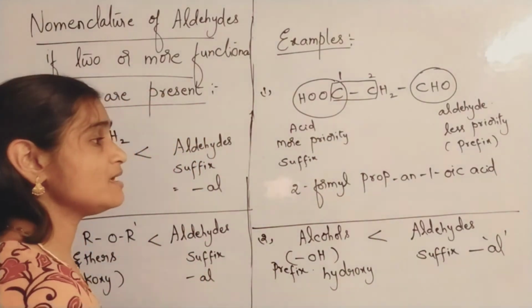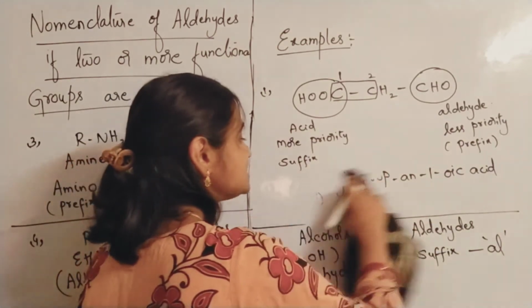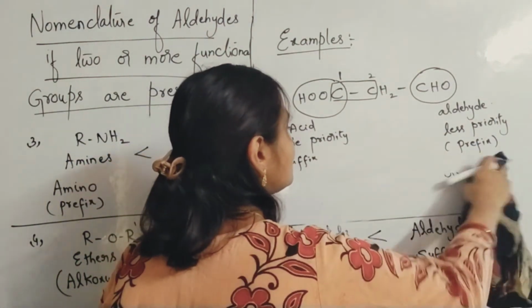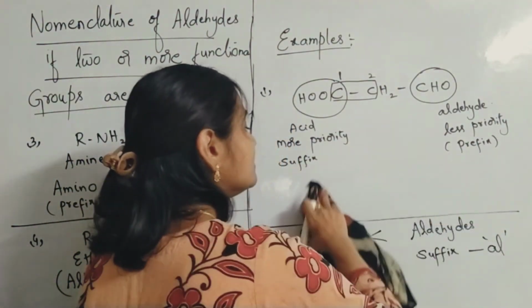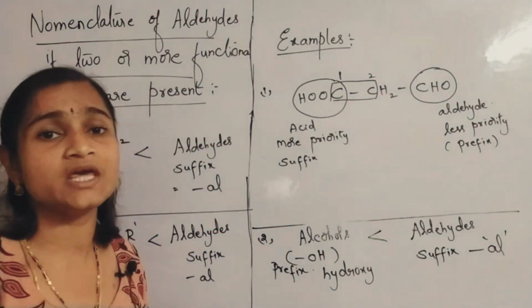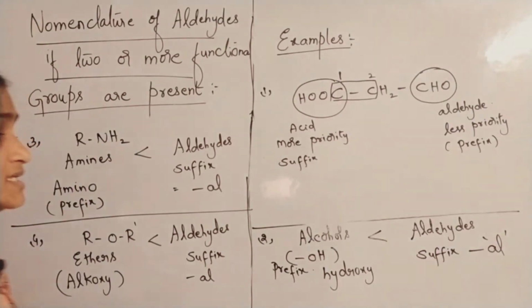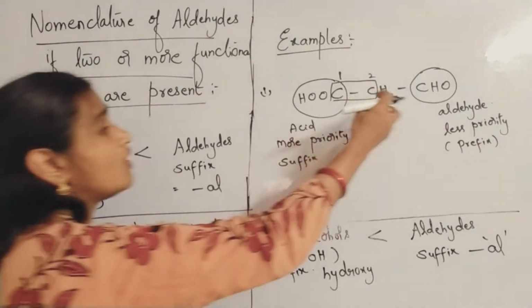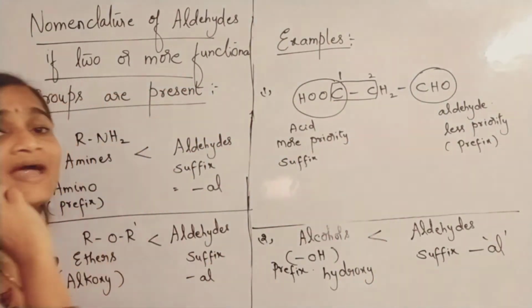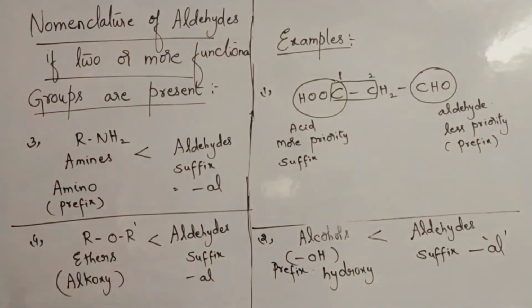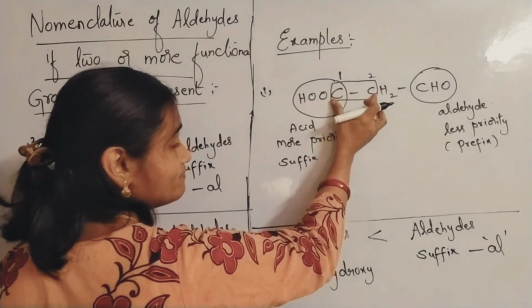Everybody will keep making mistakes. So here instead of taking the carbon chain with more number of carbon atoms, what you are going to do is, you are not including this carbon atom which is present in the aldehyde functional group in the parent chain, because it is having less priority. So you are taking this main chain.